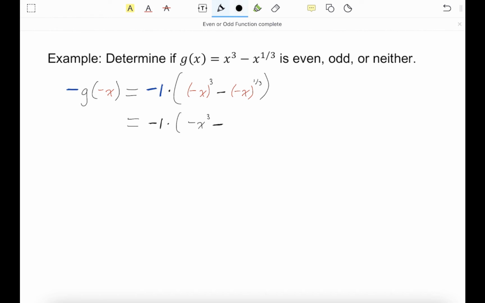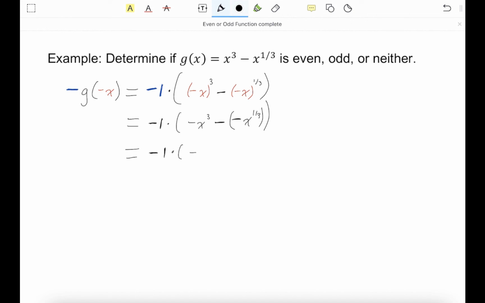So we can think of this as negative 1 cube rooted and x cube rooted. It's usually a little easier just to think, since you're taking the cube root, that will give you a negative. So this is the same as just negative x to the 1/3. And we can simplify this a little bit.